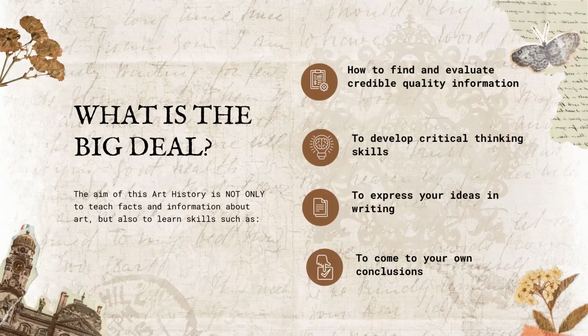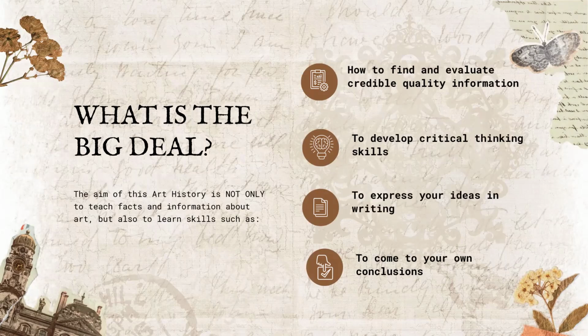So what is the big deal? Why are you not allowed to use these large language models? This is because the aim of art history is not only to teach you facts and information about art, but also to learn skills such as how to find and evaluate credible quality information, how to develop critical thinking skills.